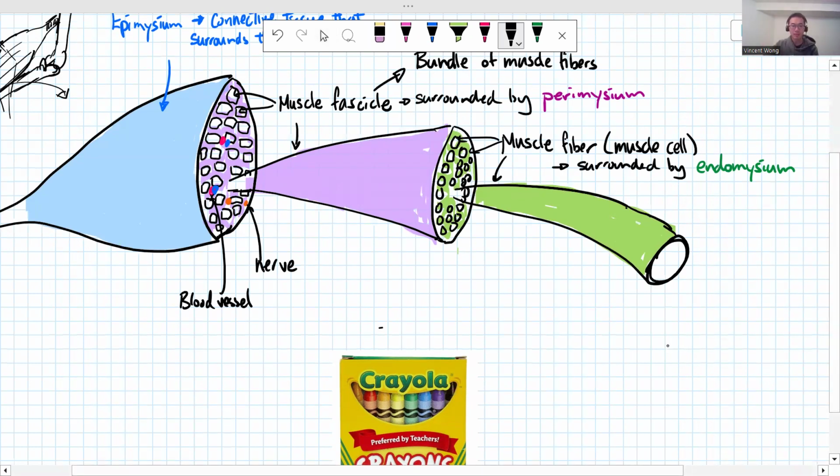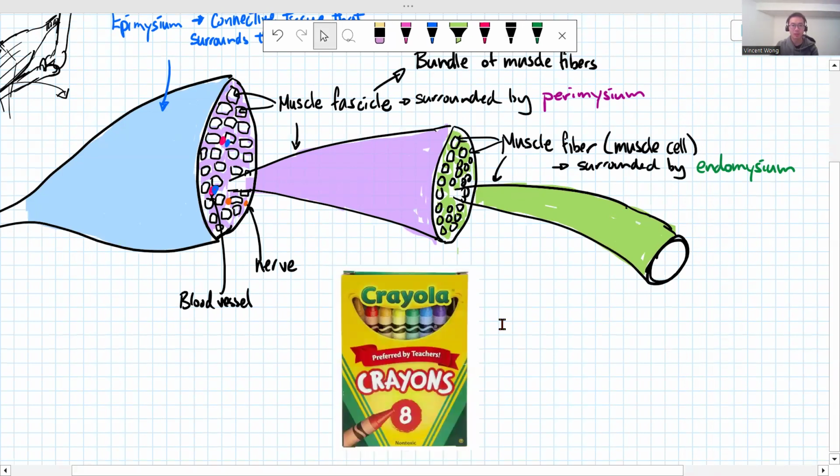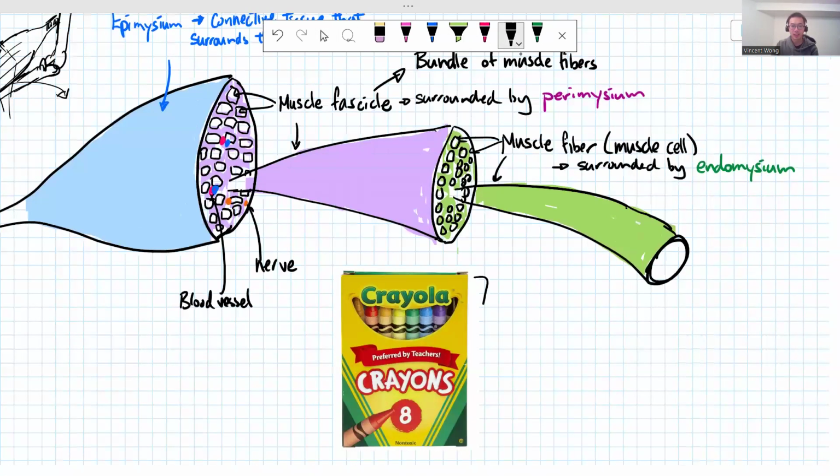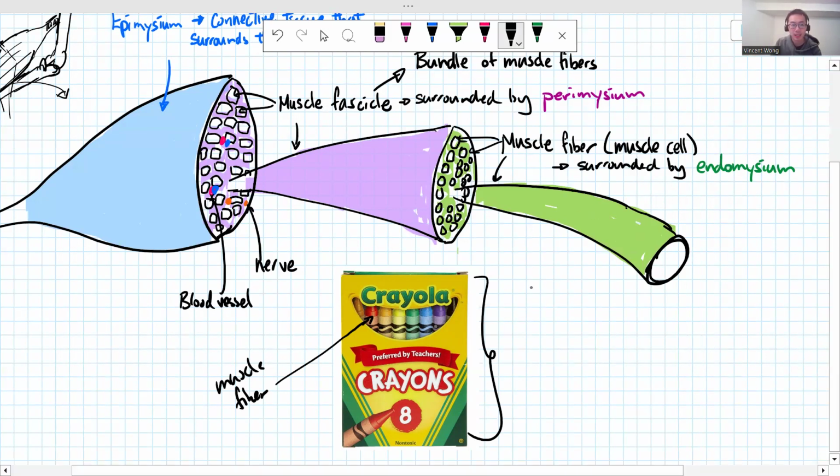In this analogy, can someone tell me what the whole box of crayons represents? Each crayon is like a muscle fiber. What would the whole pack of crayons be analogous to? The tendon? Muscle fascicle. That's right, the muscle fascicle, not the tendon. Tendon is like all the way out. But this would be a muscle fascicle.